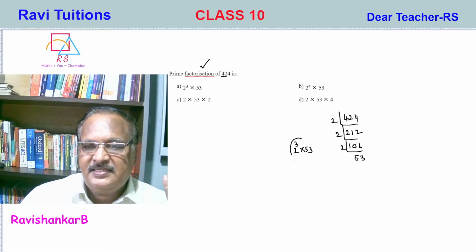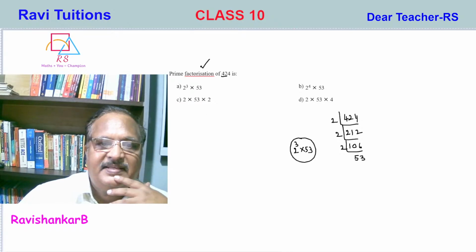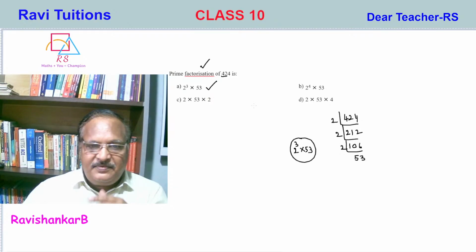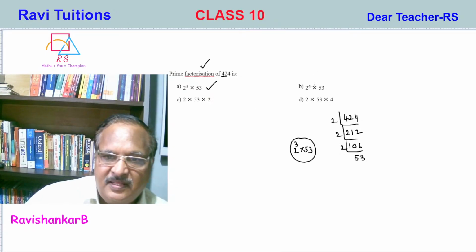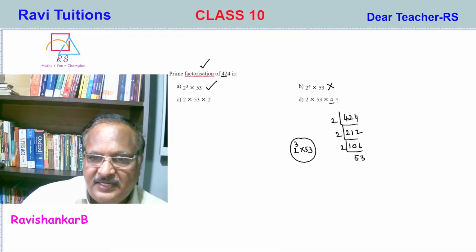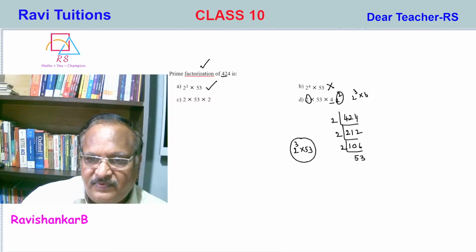This is our answer. Let us see whether this answer is there. Yeah, the first answer only is there. 2 cube and 53. Because we have done it and we are checking, you go through the other answers. Is it 2 to the 4? It is a wrong answer. 2 into 4 is 2 square, and this 2 square and 2 becomes 2 cube and 53.